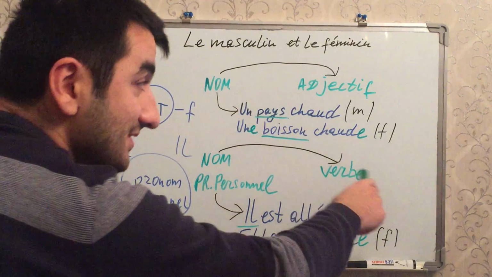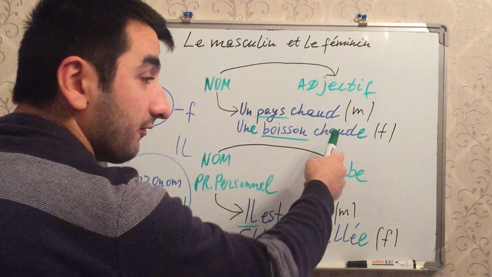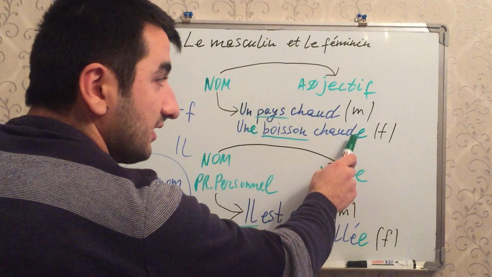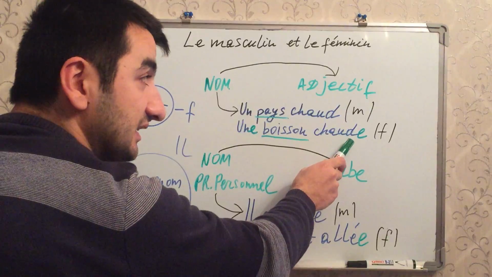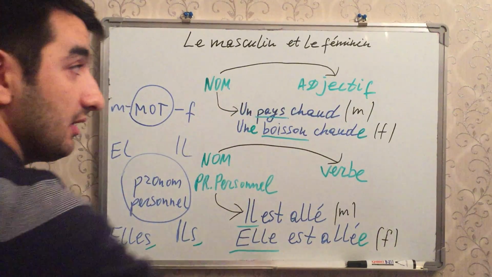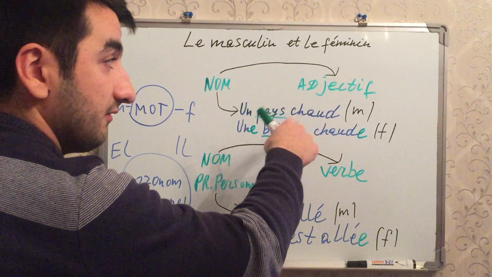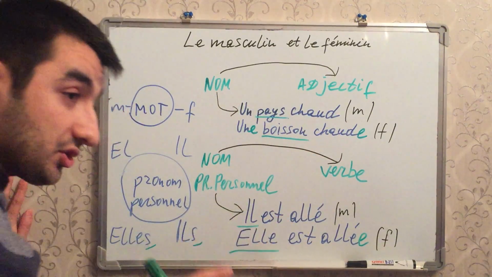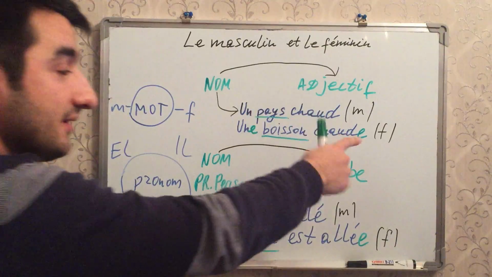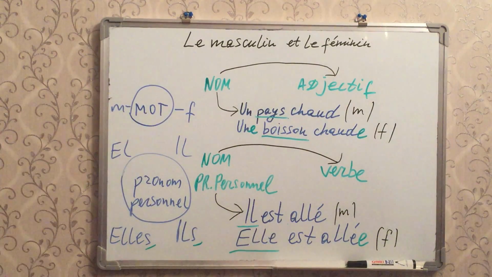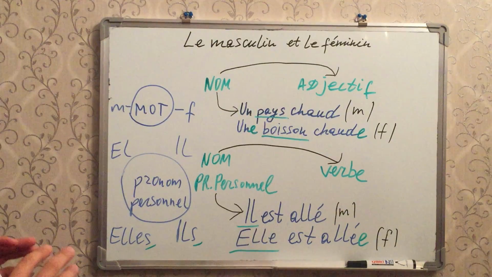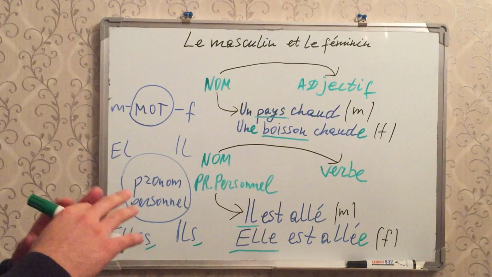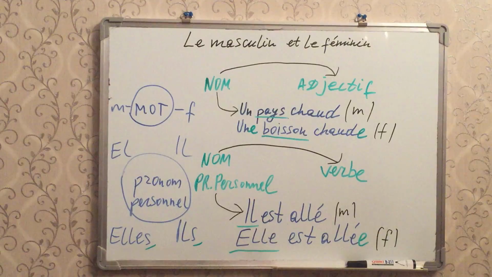And while adding the letter e to the end of the word, we must pronounce the last letter d, because we didn't pronounce that letter when we used it in masculine form. Chaud and chaude. We pronounce d because of adding the letter e to the end of the word.